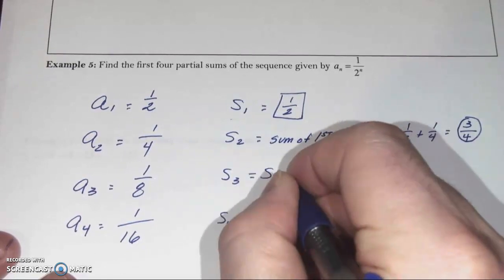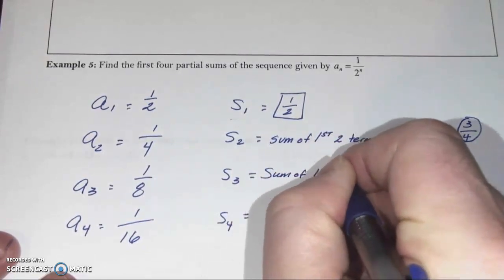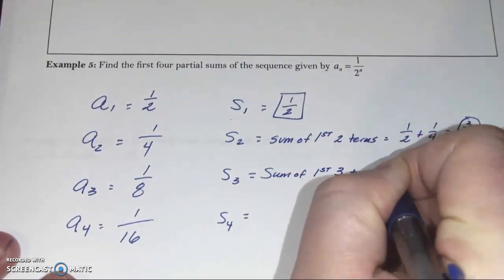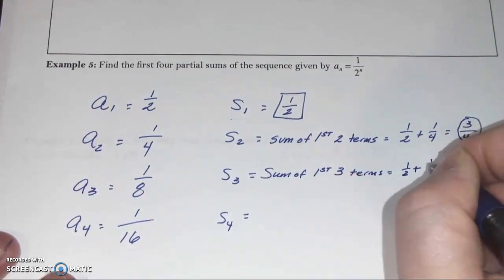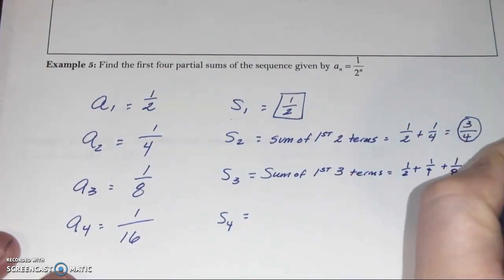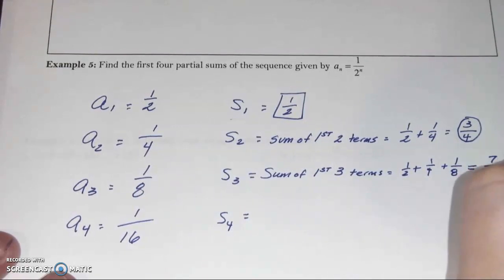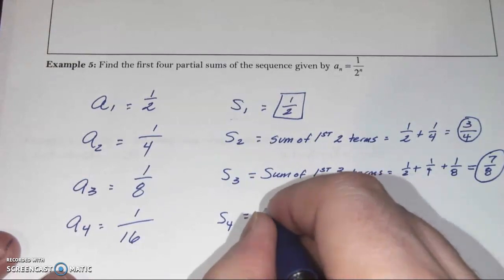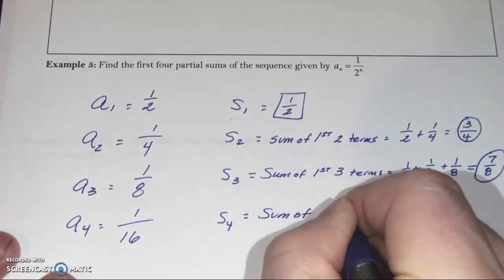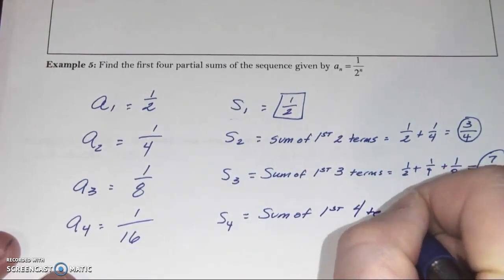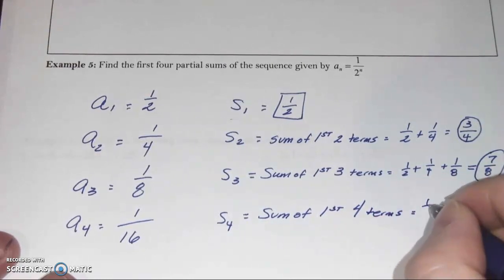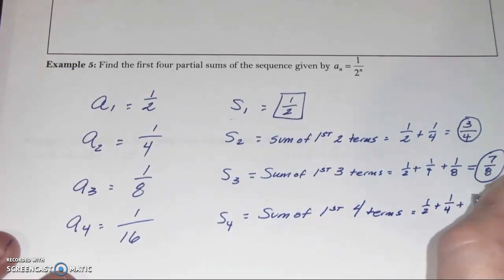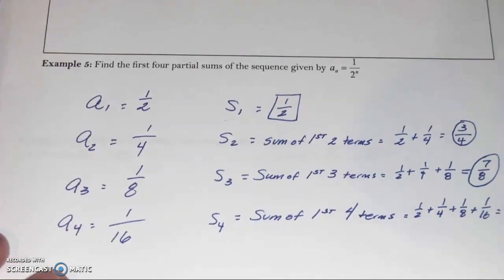The third partial sum means the sum of the first 3 terms. In this case, 1/2 plus 1/4 plus 1/8, which is 7 over 8. S sub 4, or the 4th partial sum, the sum of the first 4 terms, is 1/2 plus 1/4 plus 1/8 plus 1/16, and that equals 15 over 16.